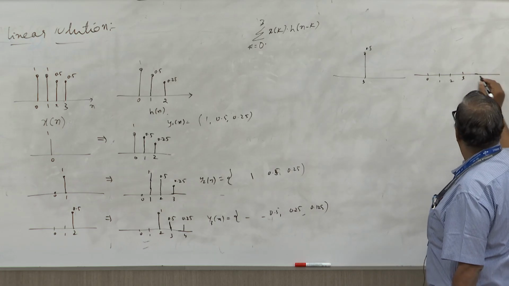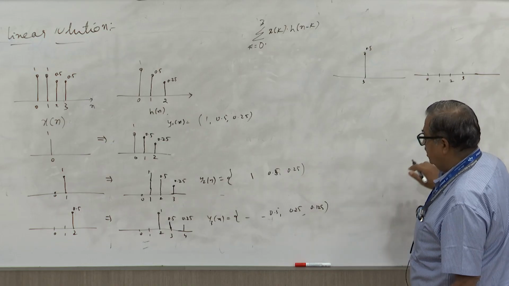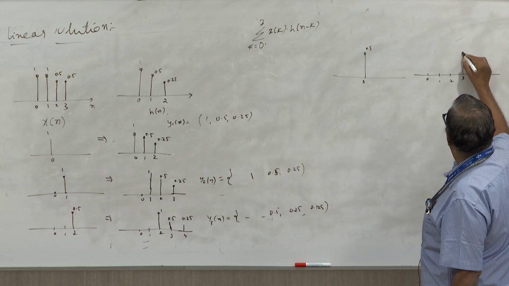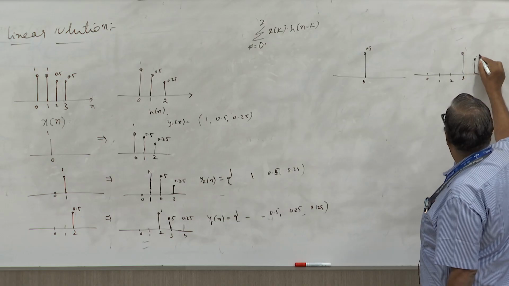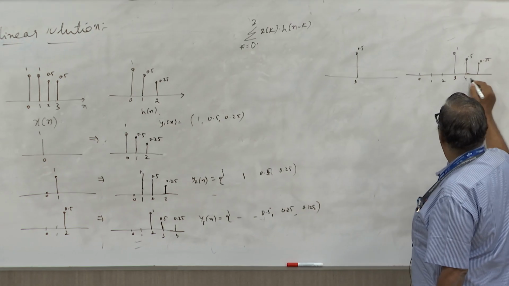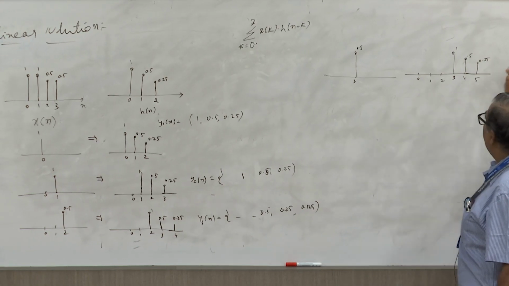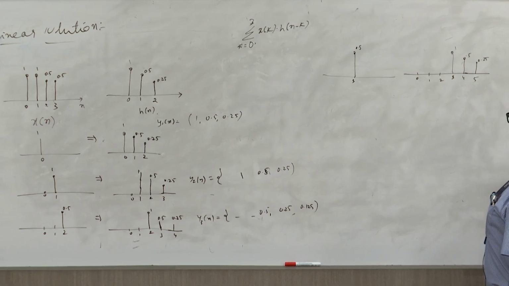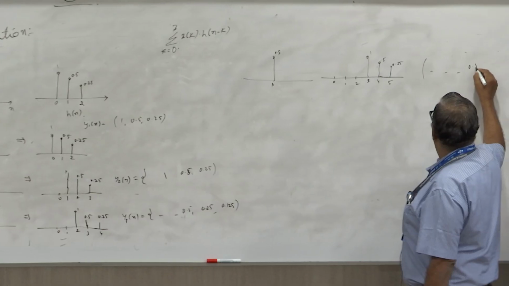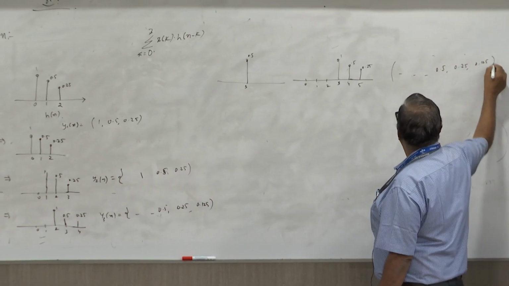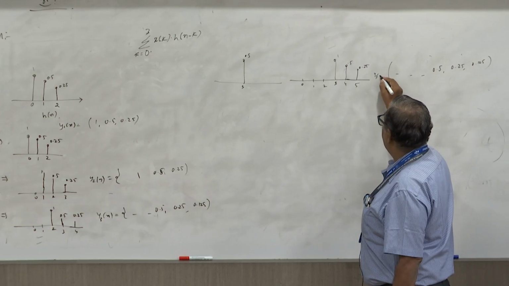Now I have to write at 3. So this is 1, this is 0.5 and this is 0.25. Now again if you multiply you will get the same output only. I will leave 1, 2, 3 and then I will put 0.5, 0.25 and 0.125. So this is the final output y3 of n.